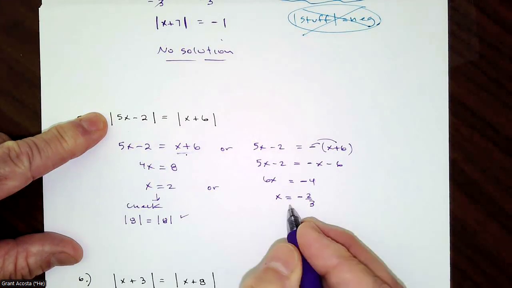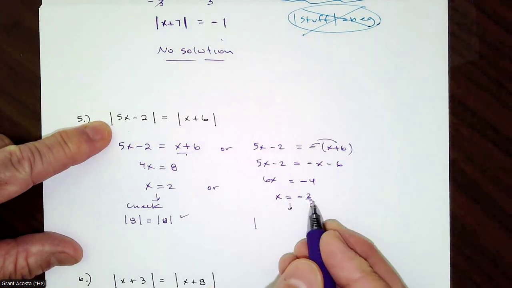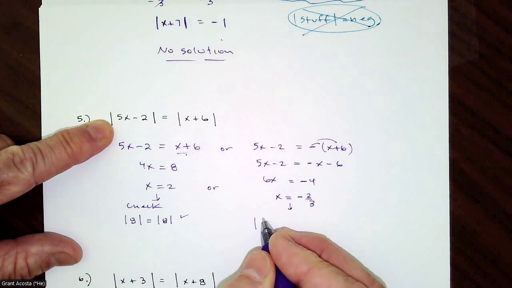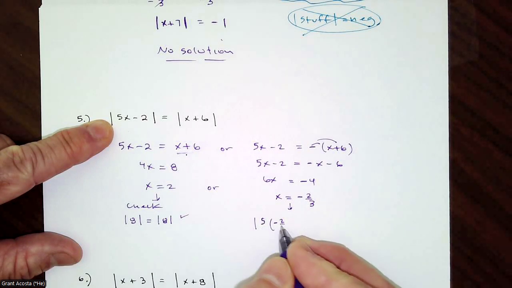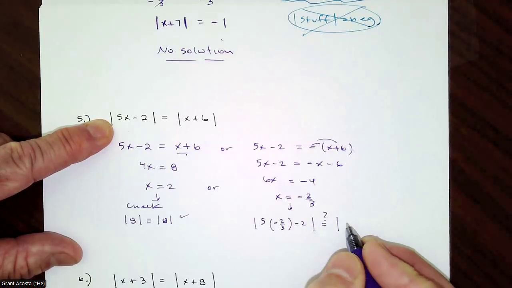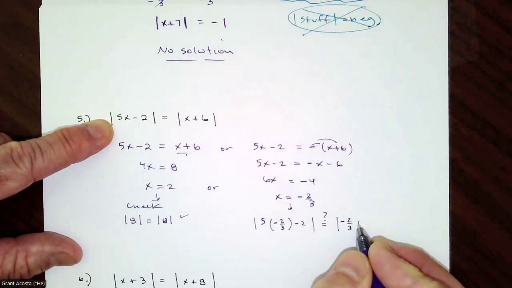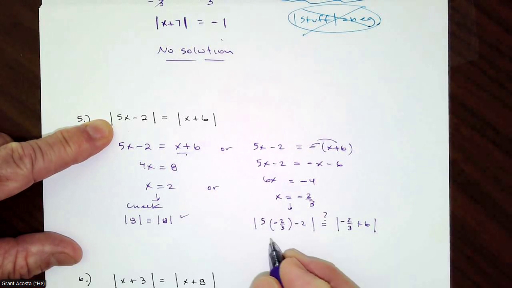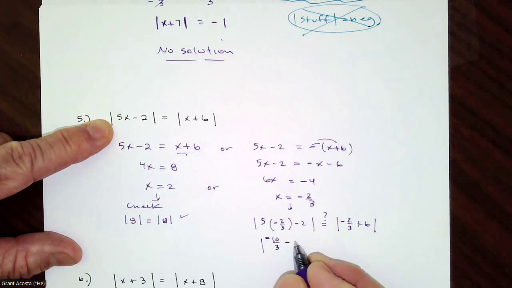A little bit harder here to check this one. If I plug in negative 2/3 for x, let's just write it out. 5 times negative 2/3 minus 2, I want to see if the absolute value of that is equal to the absolute value of negative 2/3 plus 6. This is really negative 10/3. And if I want to subtract 2 from that, I'm going to want to multiply that 2 by 3 over 3 to give me negative 10/3 minus 6/3 is negative 16/3.